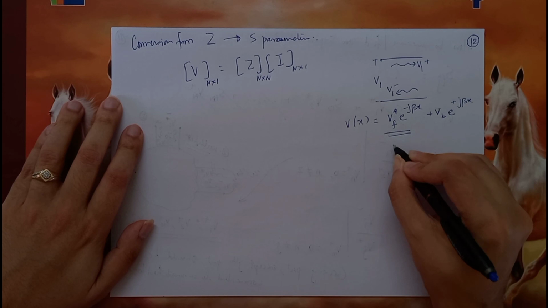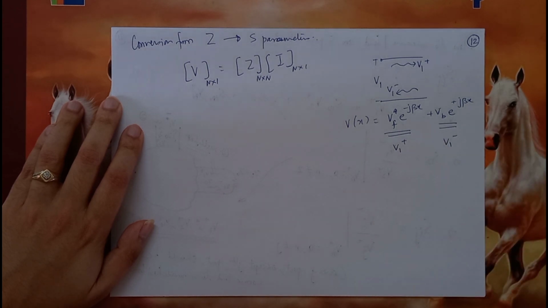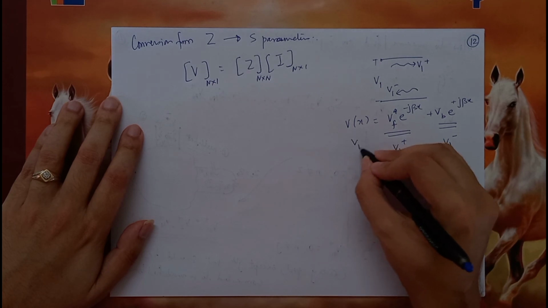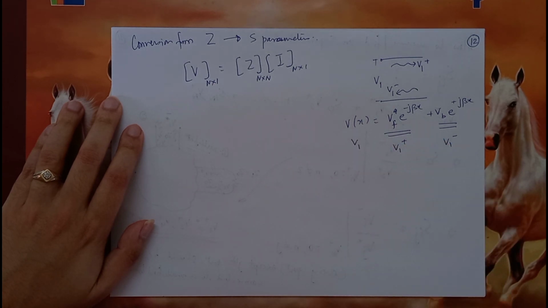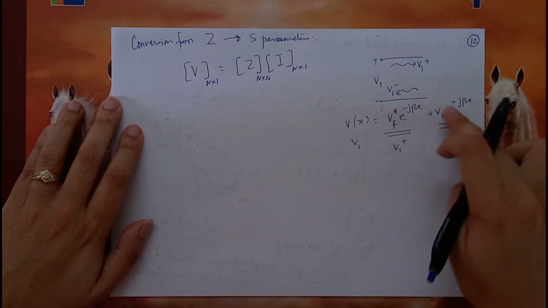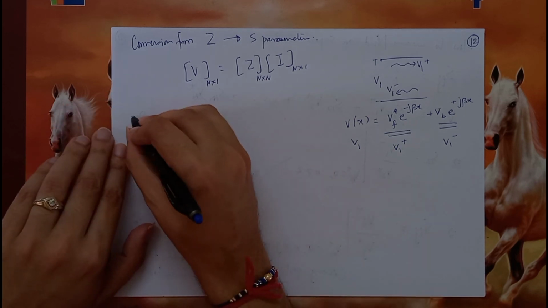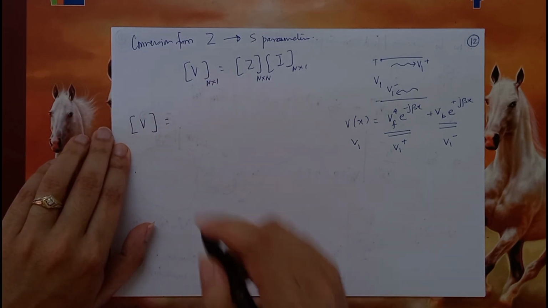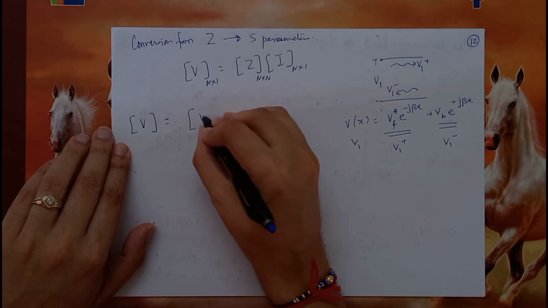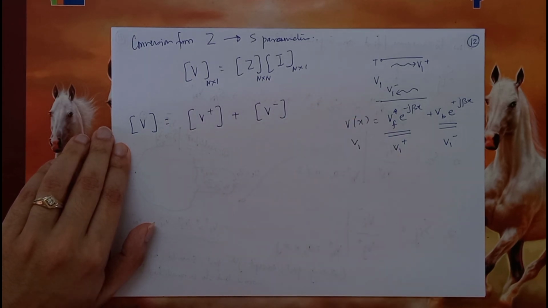And this is nothing but V1 plus, and this is V1 minus, and that is V1. So therefore, all the voltage vectors can effectively be expressed as the algebraic sum of the forward waves and the reverse waves. So I can say that this voltage matrix can be expressed as a sum of the forward wave and the backward wave matrices.